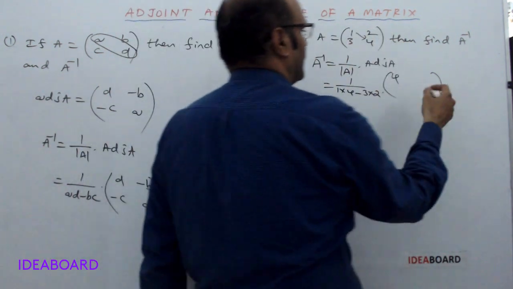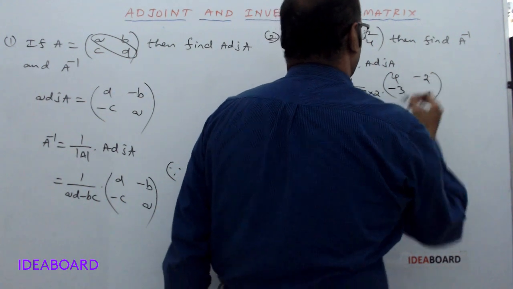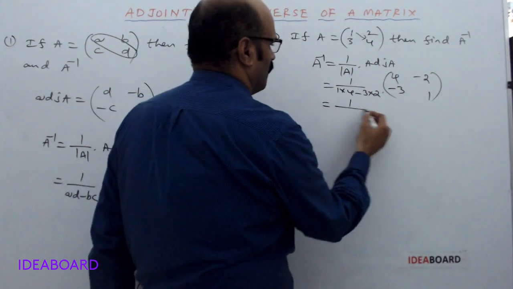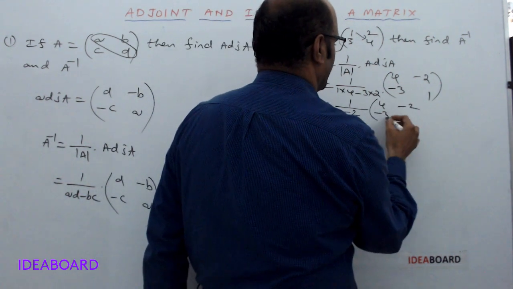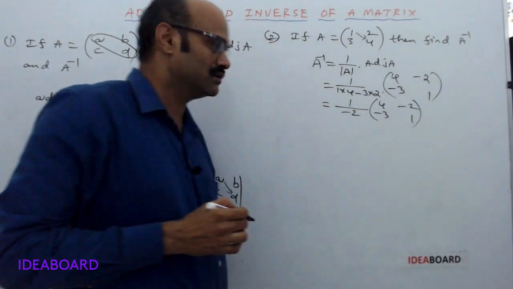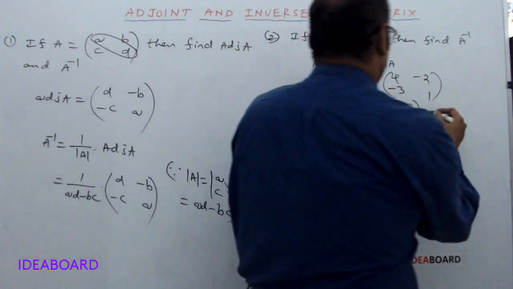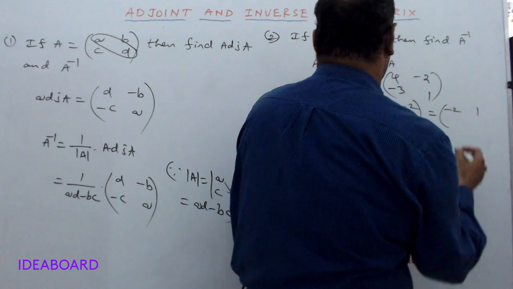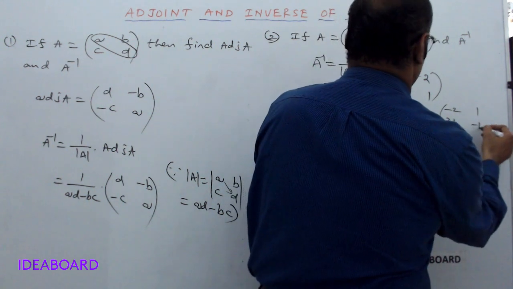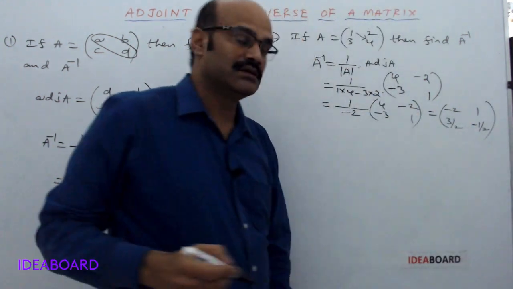Next change the signs of off diagonal elements, minus 2, minus 3. This equals 1 by 4 minus 6 into 4, minus 2, minus 3, 1. Now here, minus 2 into, 4, minus 2, minus 3, 1, which gives minus 2, 1, 3 by 2, minus 1 by 2.